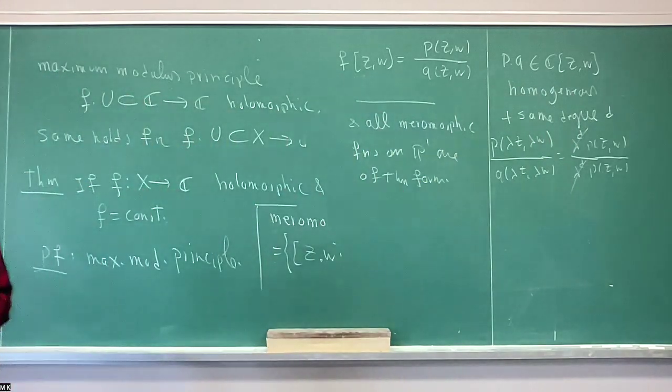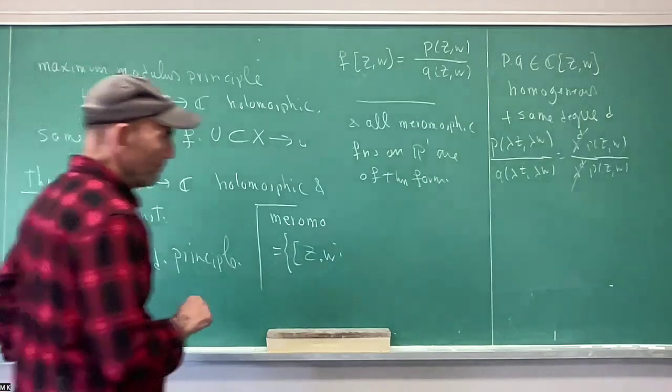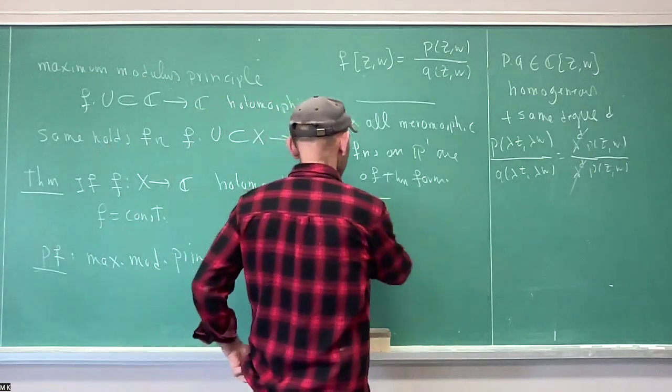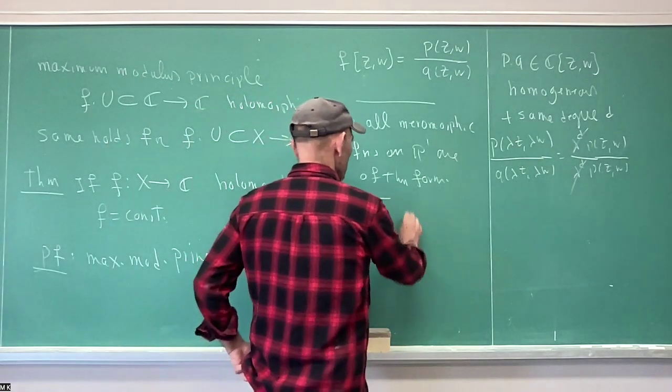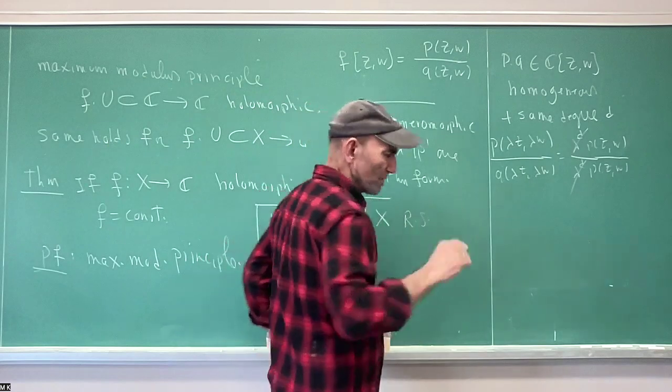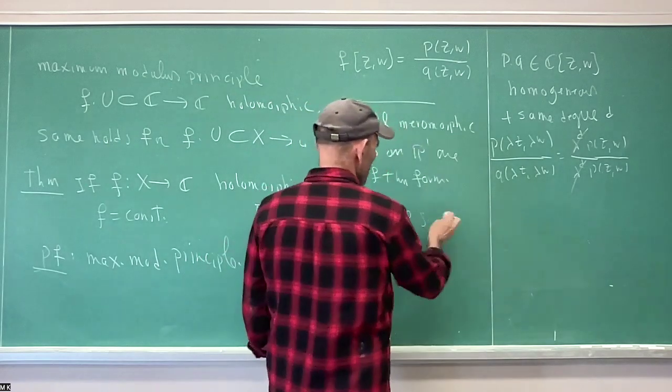Now, here is something very, very interesting. If you are interested in algebraic geometry or number theory, this should be of interest to you. If you take a Riemann surface X, just to be on the safe side, let's assume it's compact.